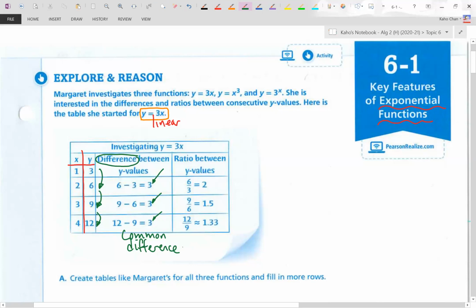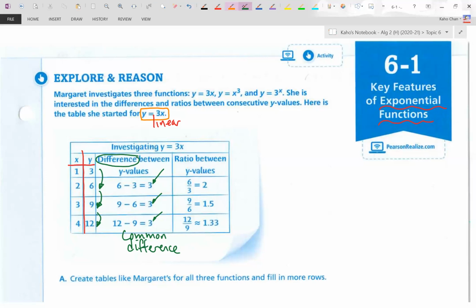Let's take a look at the ratio between the y values. When we do a ratio, you notice that they are dividing the current by the previous. So let me remind you of what we did with differences. Common difference was current minus previous. That's true because it's linear.